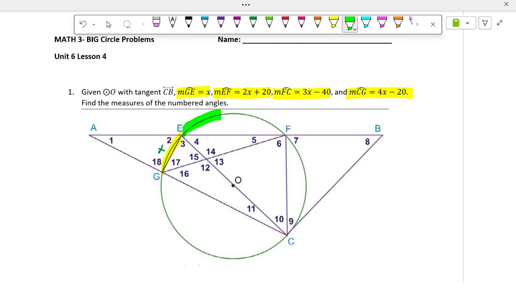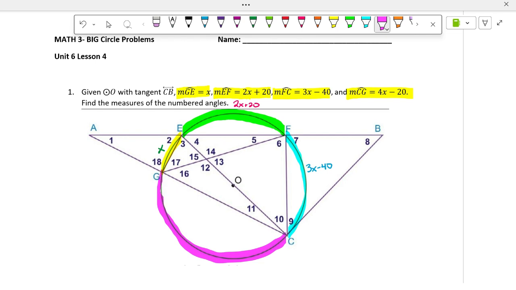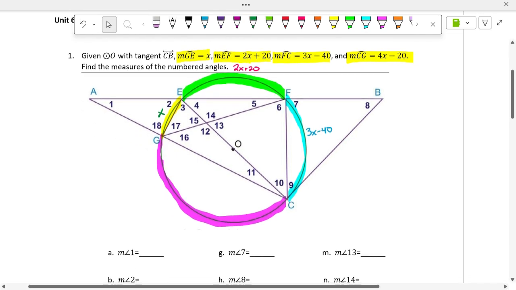EF is here, and that is 2x plus 20. FC is here, and we're going to call that 3x minus 40. And then CG is the rest of it, and it is 4x minus 20.